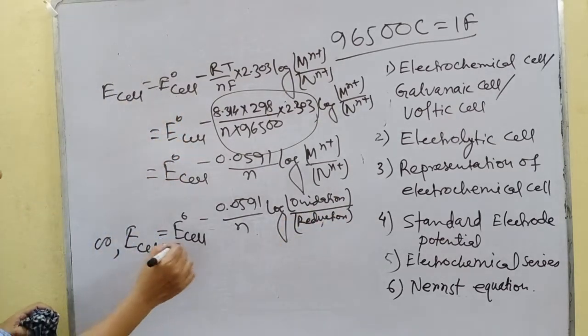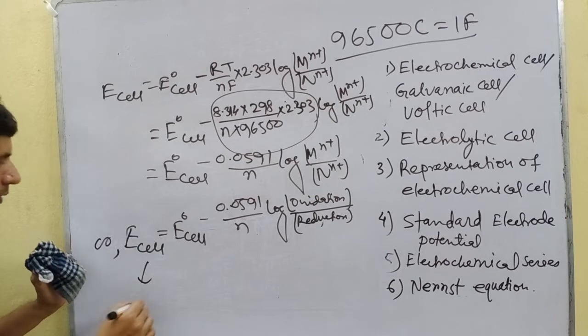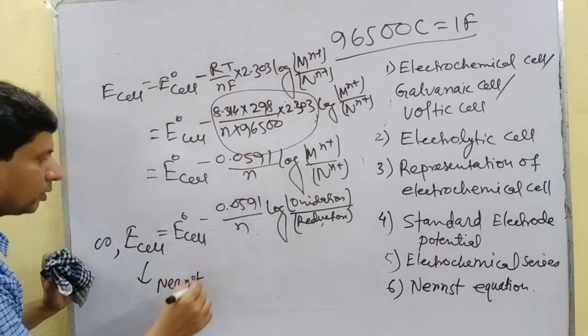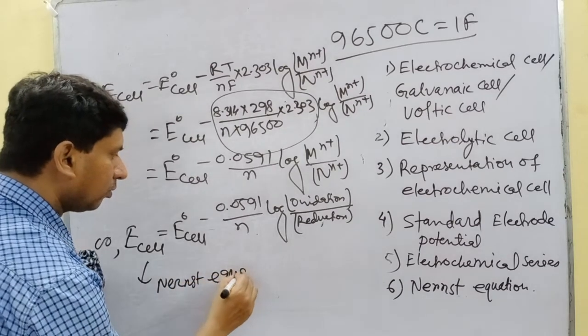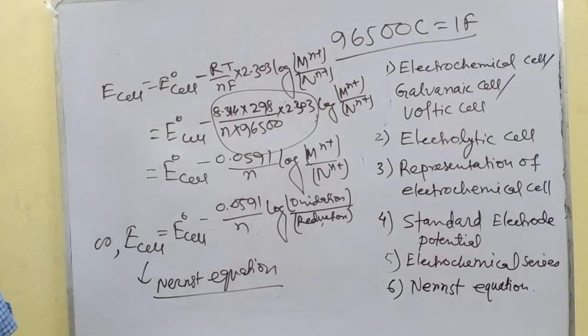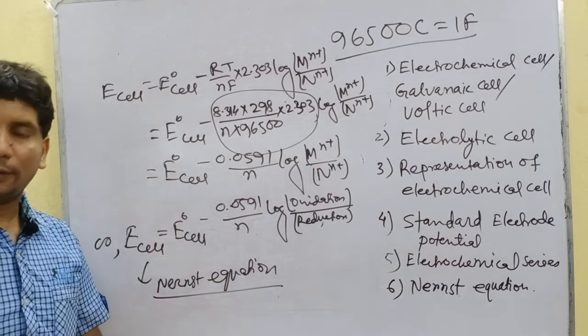And this equation is known as the Nernst equation. This is a very important part here.